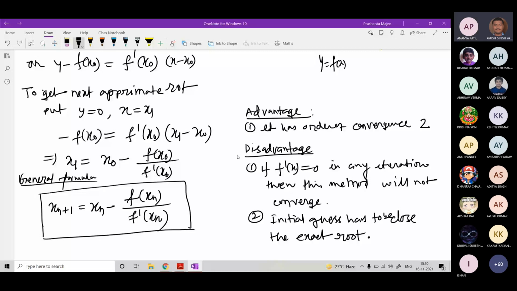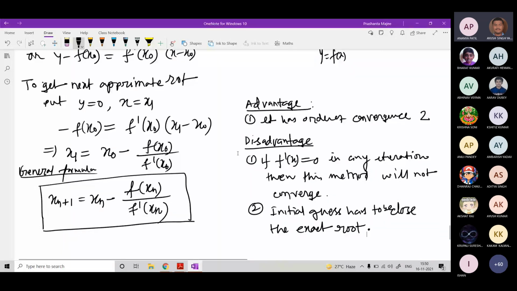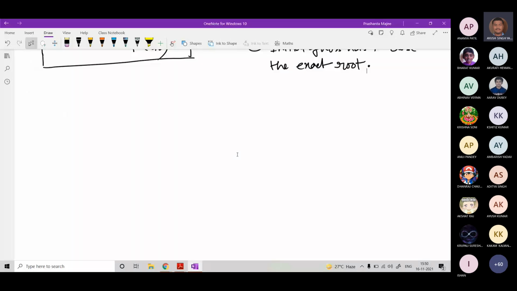Sir, tell me, why does that initial guess need to be close to the exact root? Okay, let me tell you one such situation. Suppose this is the typical graph. This is the x-axis, this is the y-axis.